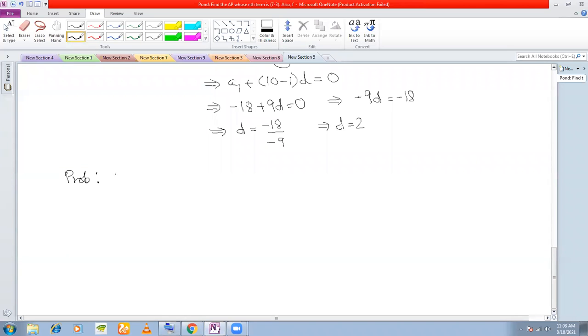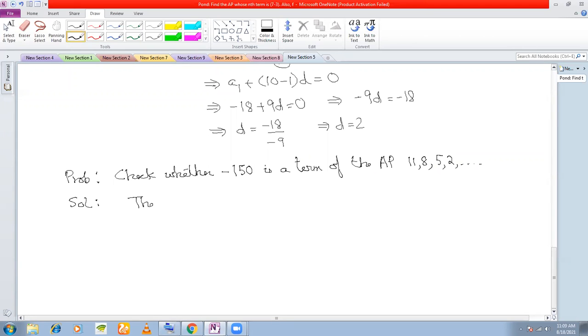The next question is: check whether minus 150 is a term of the AP 11, 8, 5, 2, and so on.